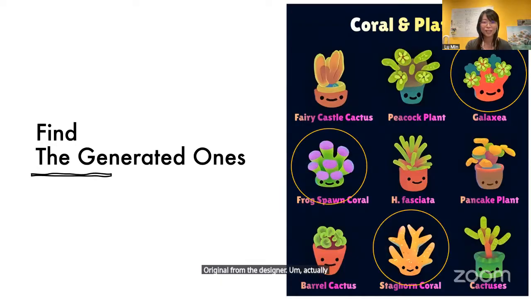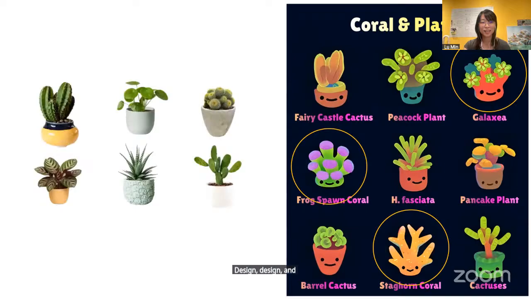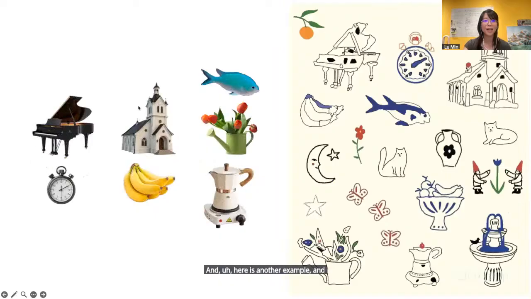Actually, these three are from the original design, and the other six are generated from the input image here. And here is another example, where these are the ones generated by our method, and this one is the original.